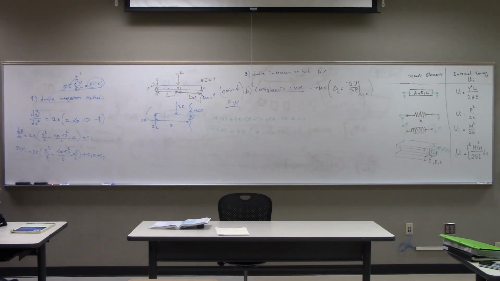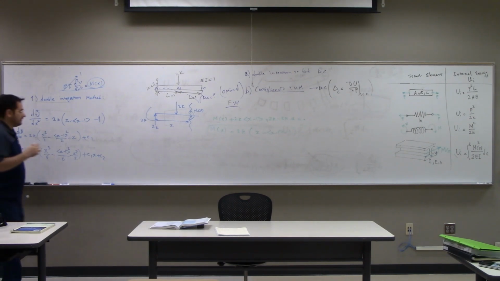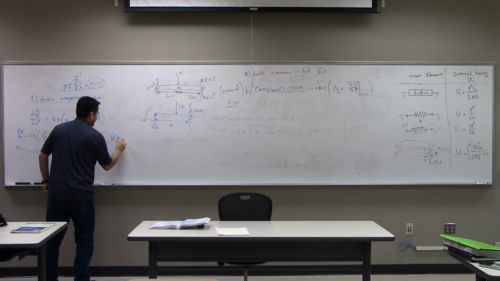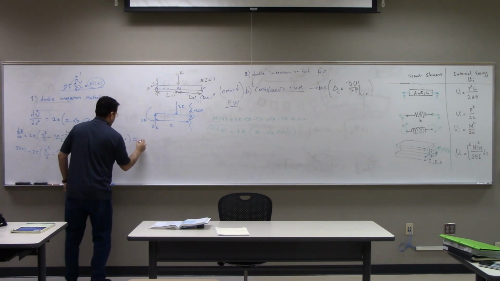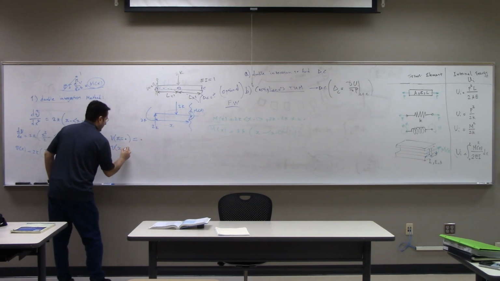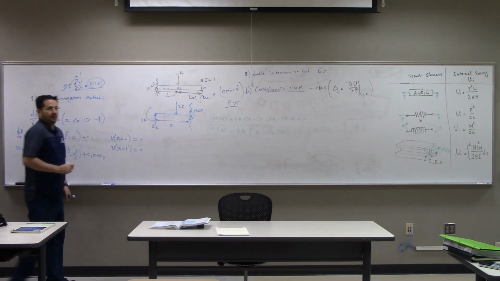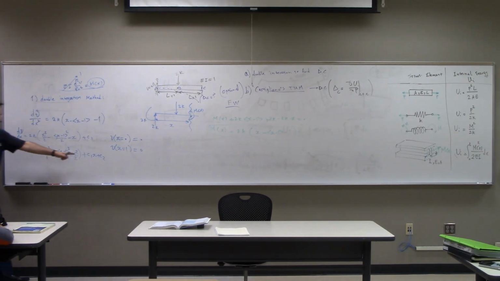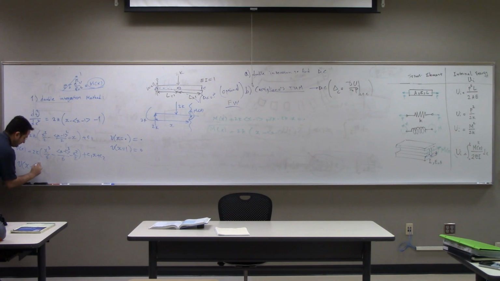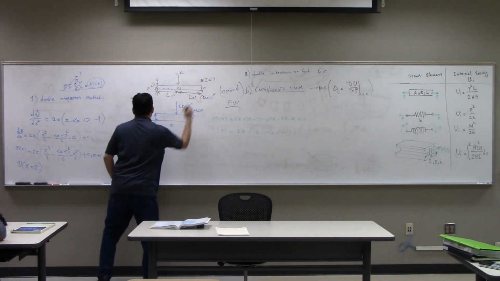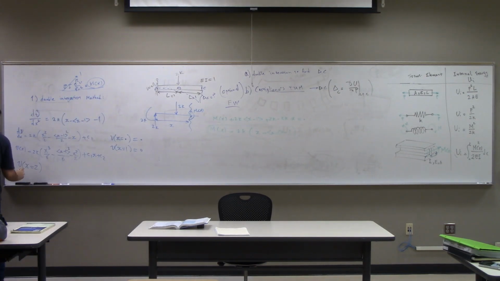And then you apply boundary conditions. What are the boundary conditions? Deflection at x equals 0 is 0. Deflection at x equals 1 is 0. So you get c1, c2, and then you evaluate v at x equals 2, this point here, point C. Yeah, the deflection at 1 shouldn't be 0, should it?